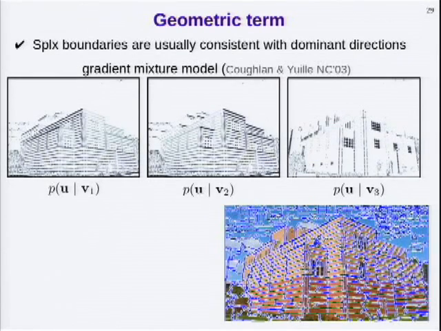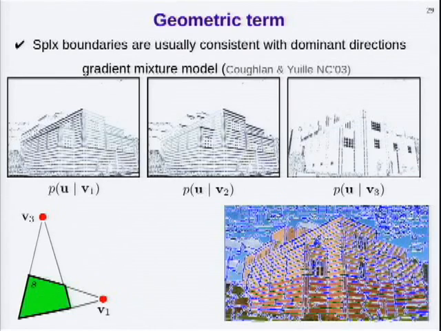This is for the first vanishing point, the second, which is somewhere on the right, and this is for a vanishing point which is above. So imagine we have a superpixel like this, and the boundary of the superpixel is aligned in such a way that it is consistent with two vanishing points. This is the case which usually happens, and there are a lot of such superpixels here.